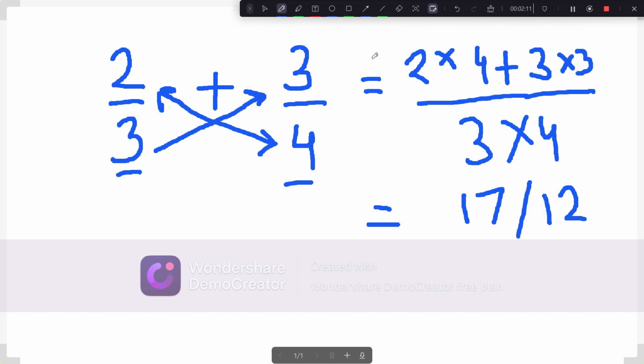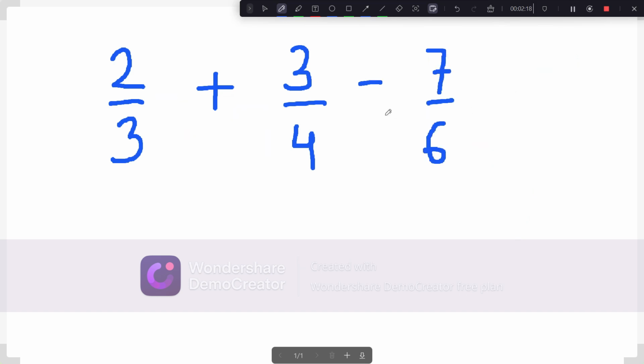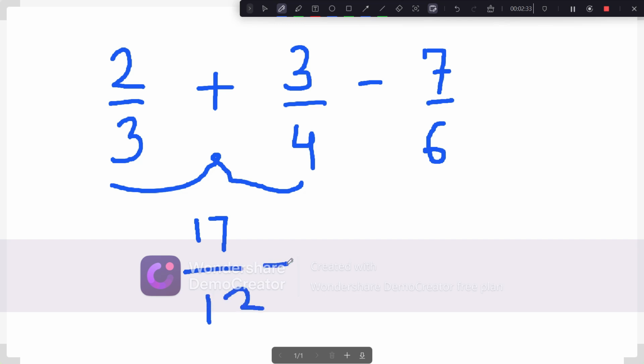Similarly, if there were one more number, we could go the same way. Suppose we have one more number, minus 7 divided by 6. We already calculated the first part, so we write 17 divided by 12 minus 7 by 6.